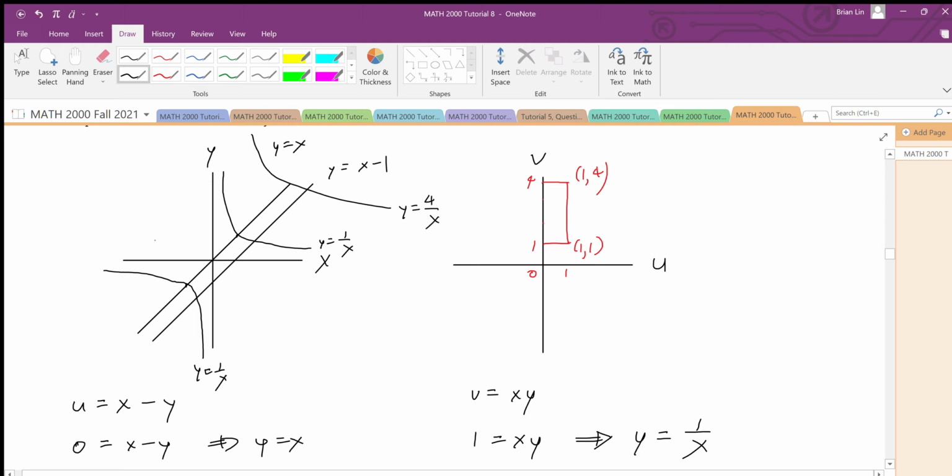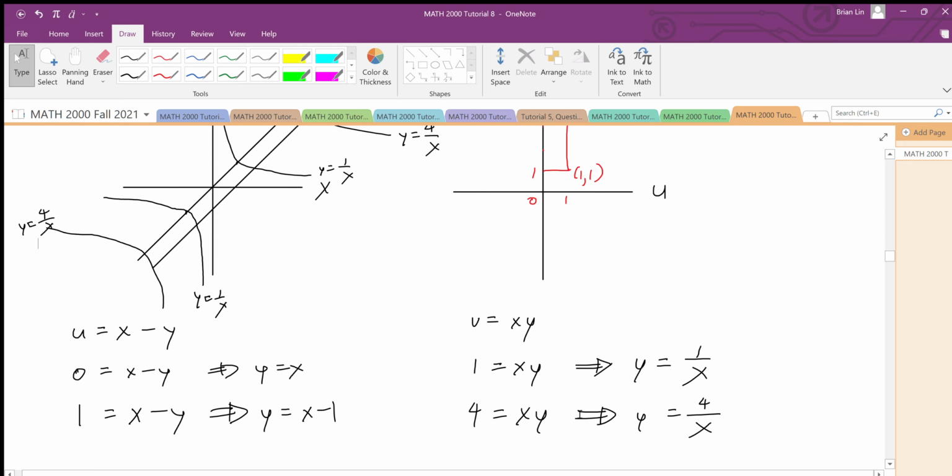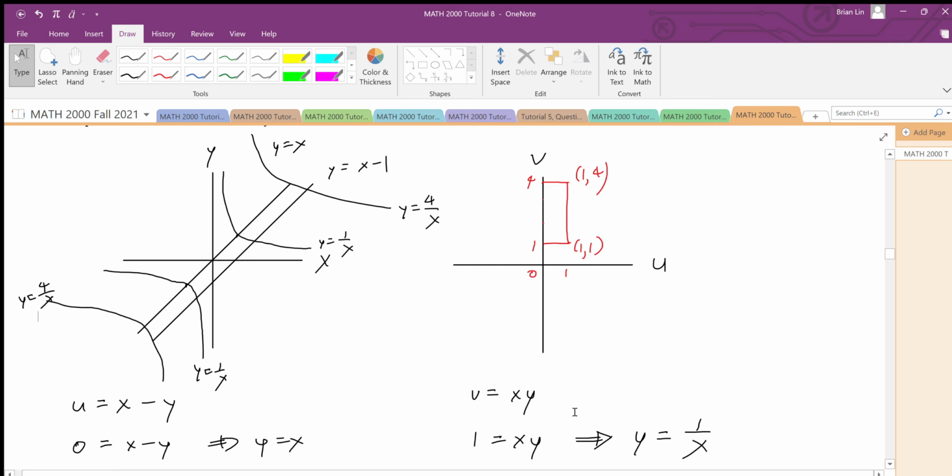And this is the same idea, down here, something like that. And that's y equals 4 over x. And that will correspond to v equals 4. So that's going to correspond to this line up there. And that's v equals 4.